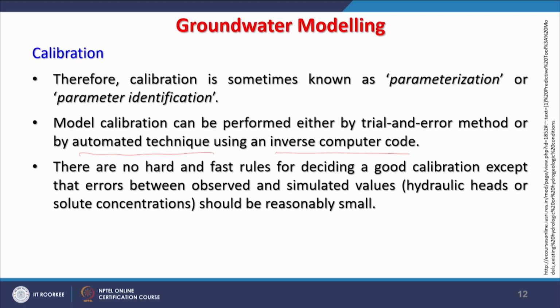But you see that what we are discussing here is groundwater modeling in a completely generic form, and therefore, there are no hard and fast rules for deciding a good calibration except the errors between observed and simulated values. So, depending on the area, depending on the subsurface condition, these calibrations will get affected accordingly.